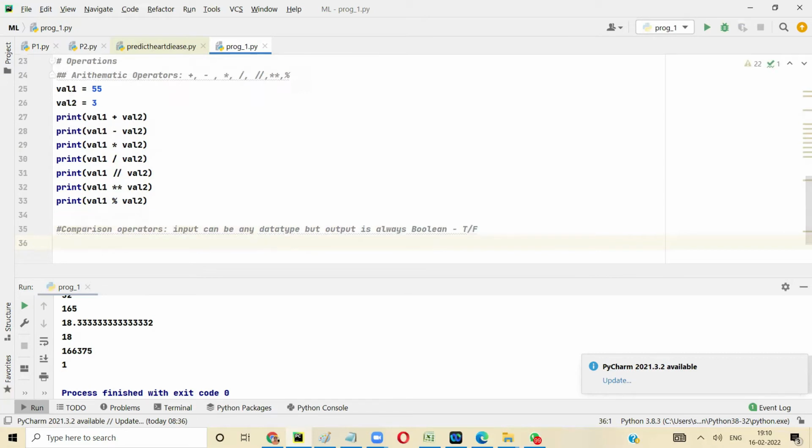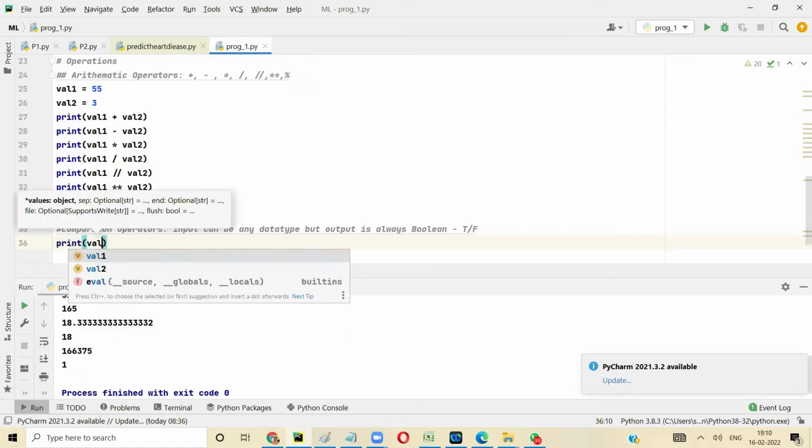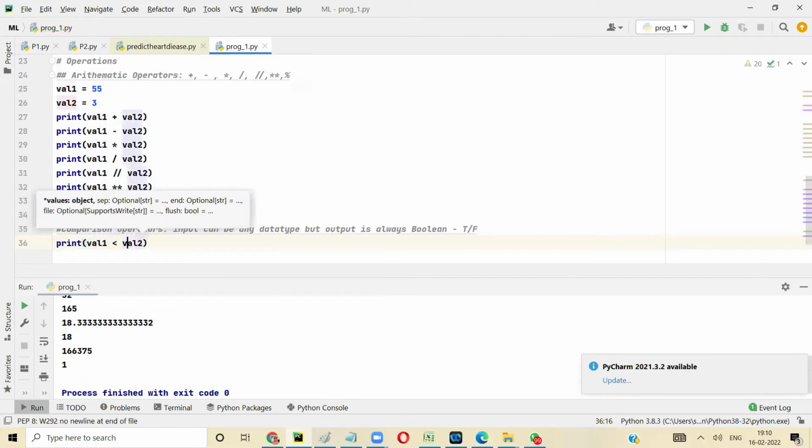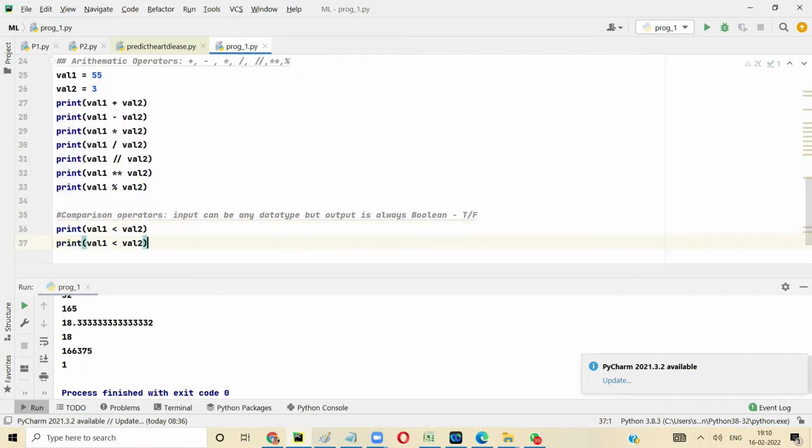So here you have, let's say, print: value 1 is 55, value 2 is 3. So val1 less than val2. Less than is a comparison operator. It is like asking a question: is value 1 less than value 2?